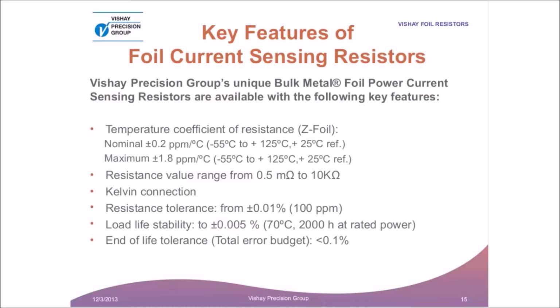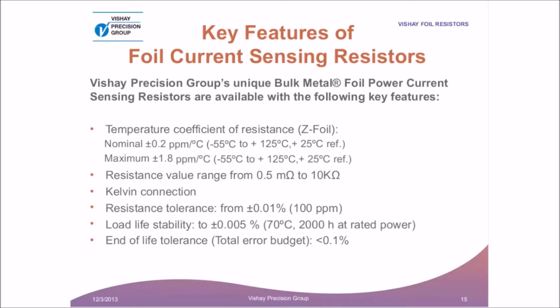They're available with Kelvin connection, to a very tight tolerance of 100 ppm or 0.01%, and with excellent load life stability, which is down to 0.005% for operation at 70 degrees and rated power for 2,000 hours.